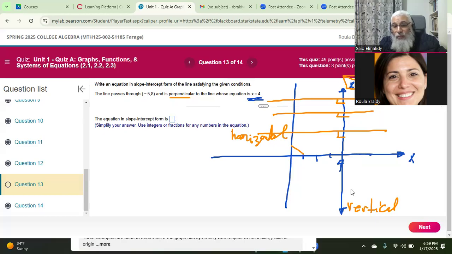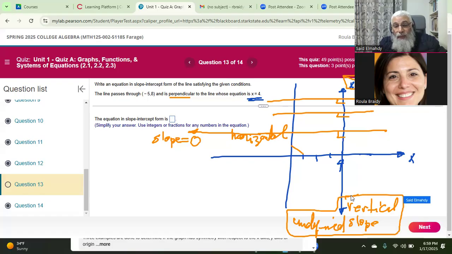A horizontal line has a slope of what? The slope is 0. The vertical line has an undefined slope, but our perpendicular line is horizontal and has a slope of 0, correct?